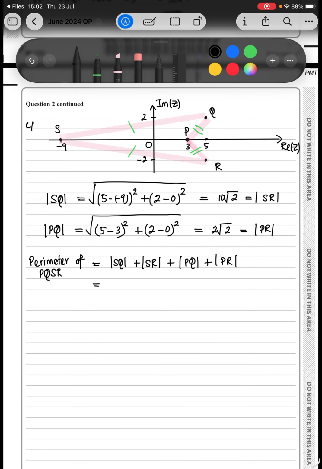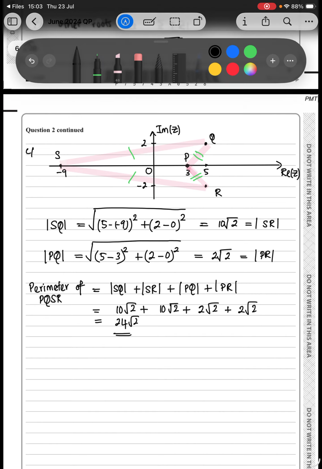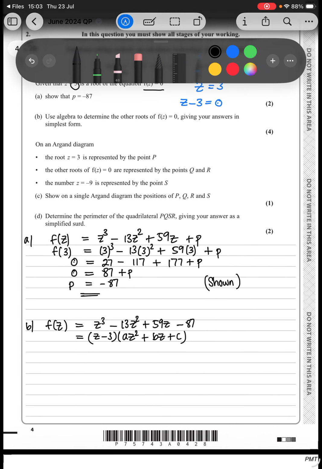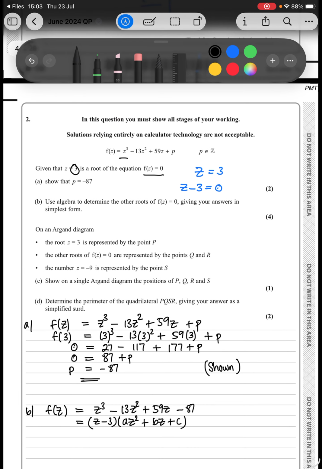Alright, SQ is 10 root 2 plus SR is also 10 root 2 plus PQ is 2 root 2, PR is also 2 root 2. Therefore, when we add all of this, 10 plus 10 plus 2 plus 2, it's 24 root 2. And this is our answer to part D. Sorry, I forgot to mention it. Yes, answer to part D, the perimeter of PQSR. And that's the end of question number 2.